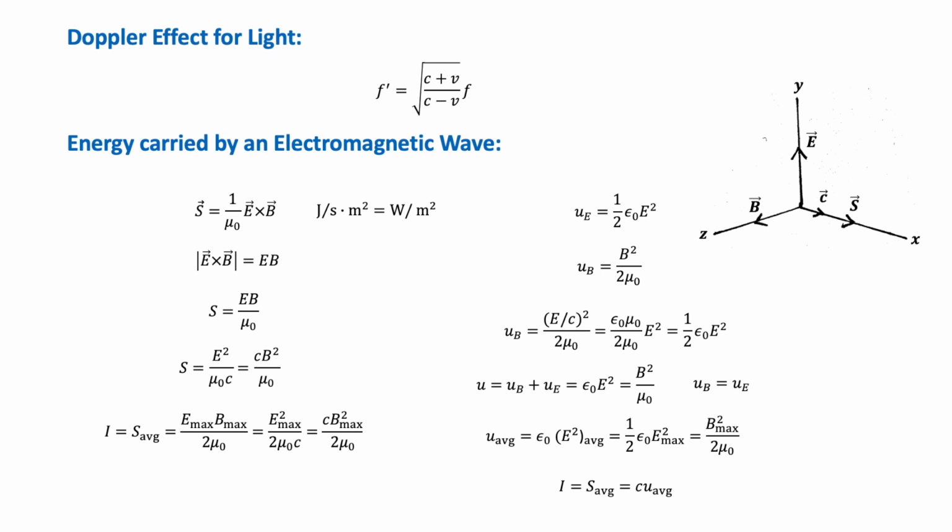So the total instantaneous energy density U is equal to UB plus UE, equal to epsilon naught E squared, equal to B squared over mu naught.